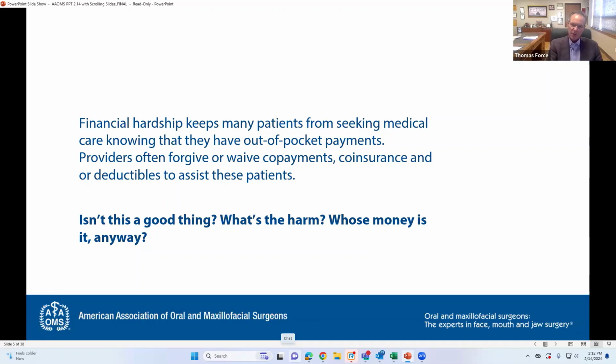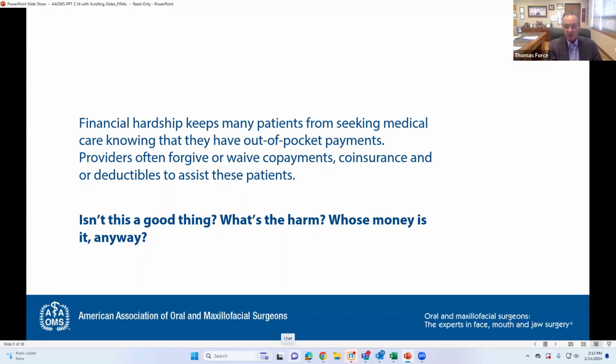Now, if you're an in-network provider, you're dealing with in-network copays. Every time a patient comes to your office and you're a participating provider, they're going to have to pay a copay: $25, $20, $50. The deductibles and coinsurance, if you're a participating provider, if you're in network, are going to be lower.